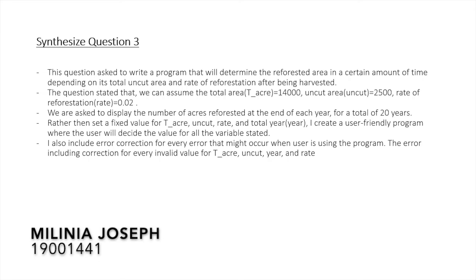So for this question, we are asked to write the program that will determine the reforested area in a certain amount of time depending on its total uncut area and rate of reforestation after bean harvest. The question stated that we can assume that a total area is equal to 14,000, uncut area is equal to 2,500, and rate of reforestation is equal to 0.02.